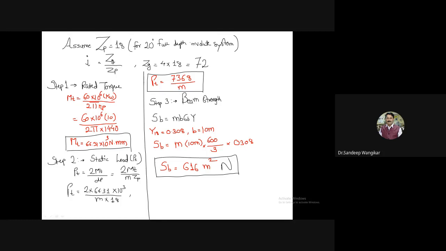Okay, let us proceed further. Next is step number 4, effective load calculation.